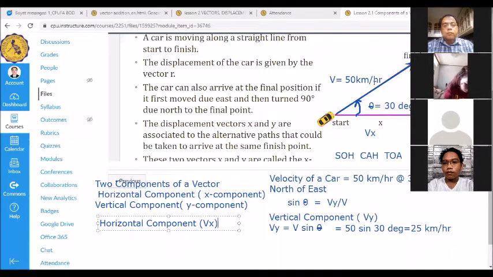Now, in terms of our cosine function, the cosine of theta, guys, is actually equivalent to Vx divided by V. If Vx is the adjacent side and this is our hypotenuse, then that will be Vx over V. And if we try to solve for Vx, that will be equal to V cosine of theta.